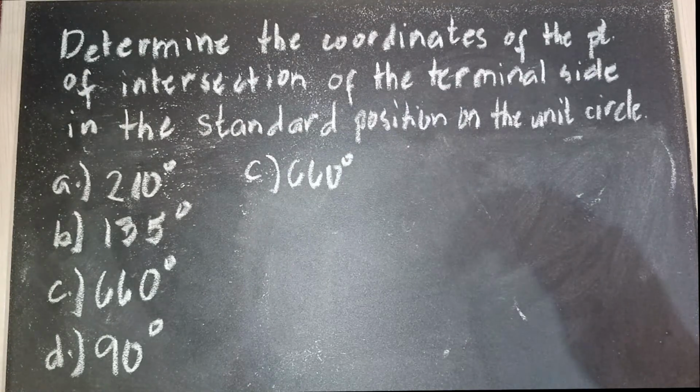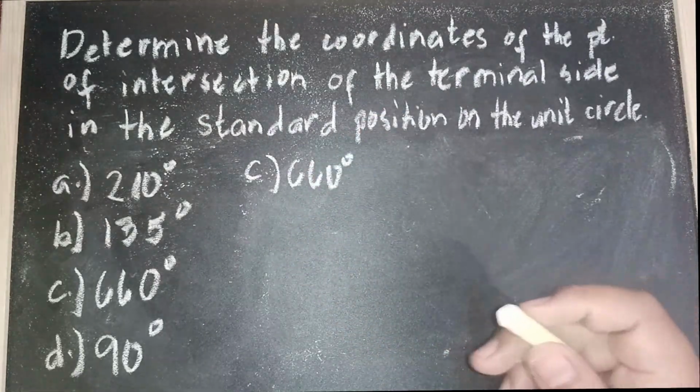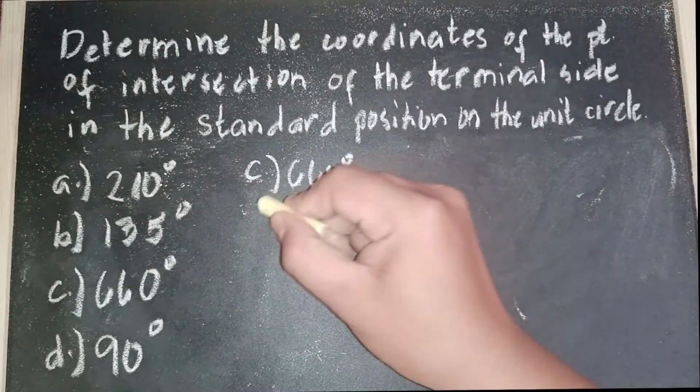We have a video on how to get the smallest positive coterminal angle of a given angle in the easiest way. So first, we get the smallest positive coterminal angle of 660 degrees.